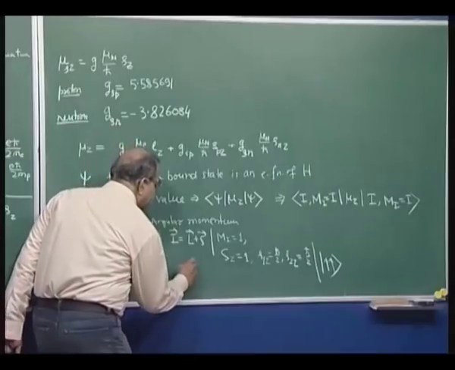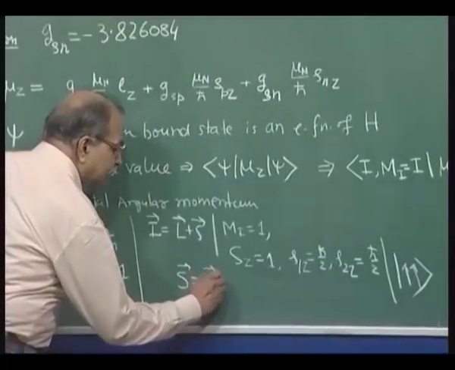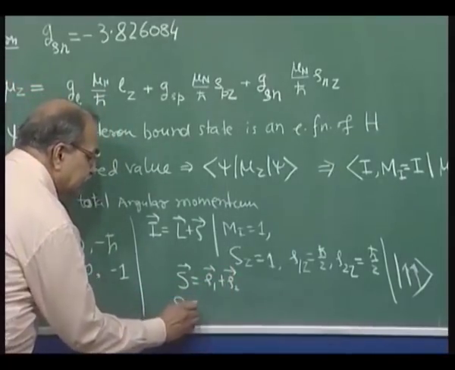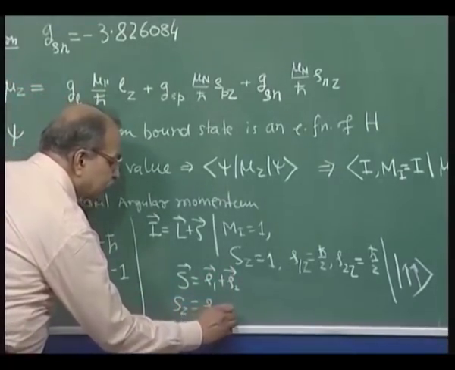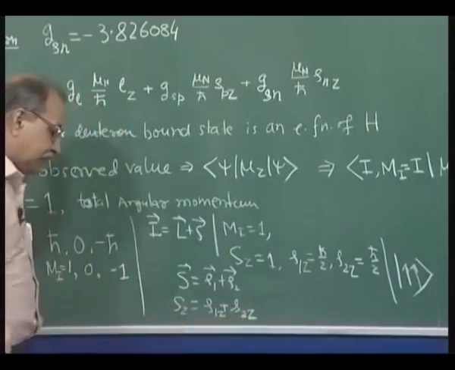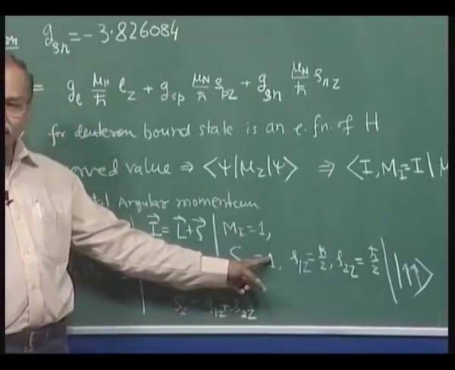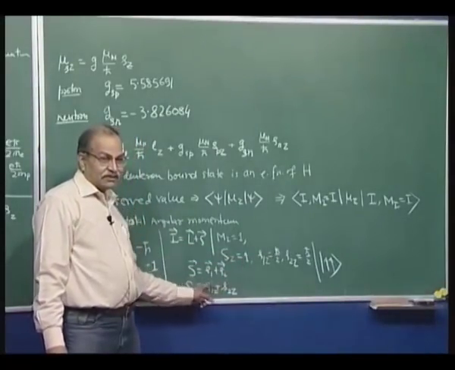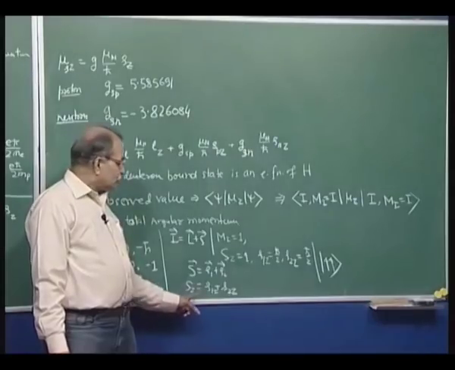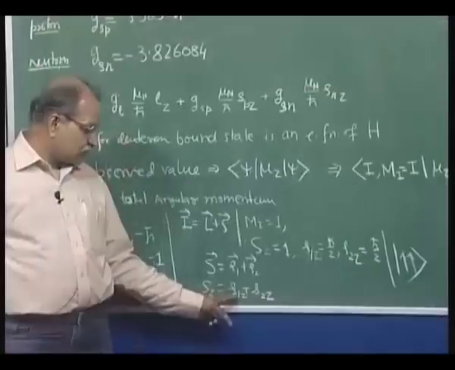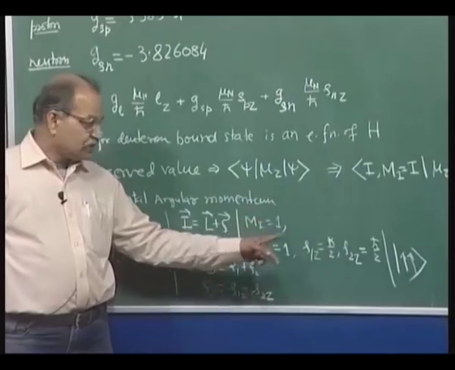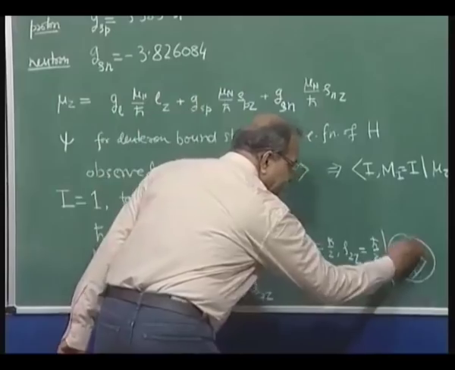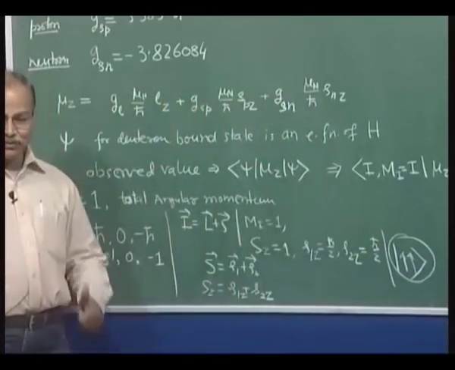S is coming from S 1 plus S 2, and therefore S z is S 1 z plus S 2 z. So, if you need this capital S z equal to 1, you need both of them plus half, only then this will be 1, right. So, spin up S 1 z is h cross by 2, S 2 z is h cross by 2, and this wave function is given by both spin up.